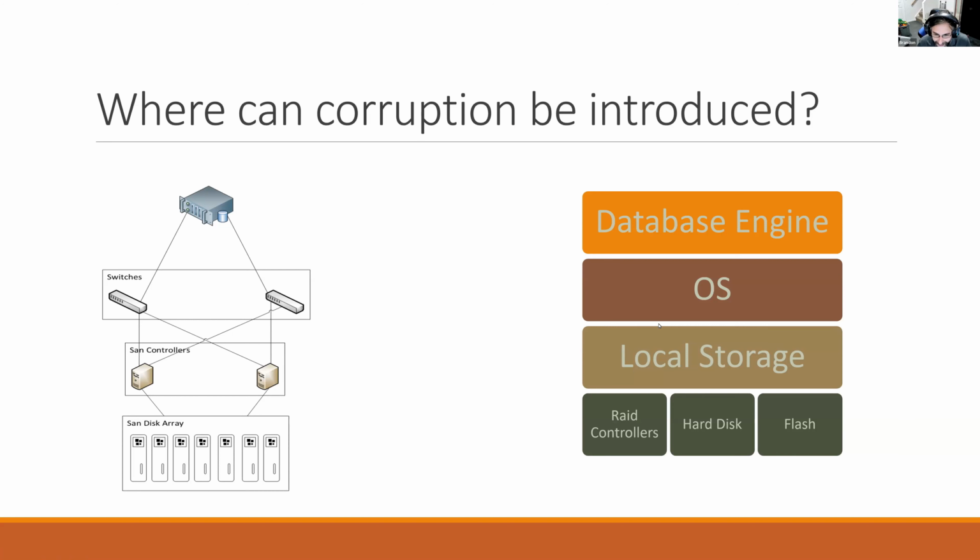I see one person in chat. Yeah, David, you are absolutely correct. Everywhere. One of the interesting things about complex systems is the more complex a system, the more likely you are to have an issue, right?